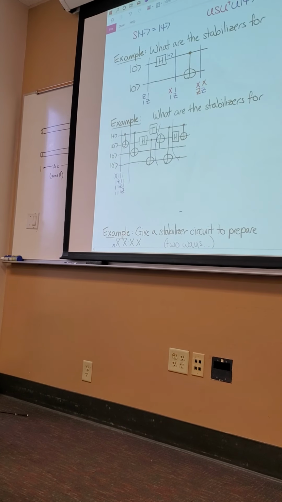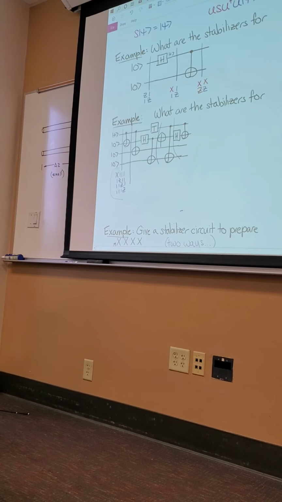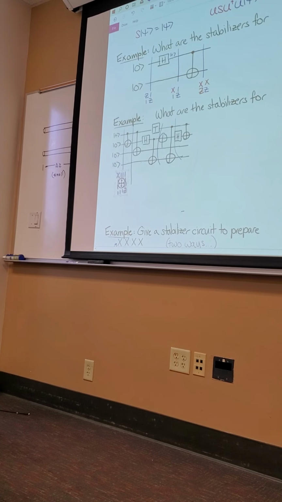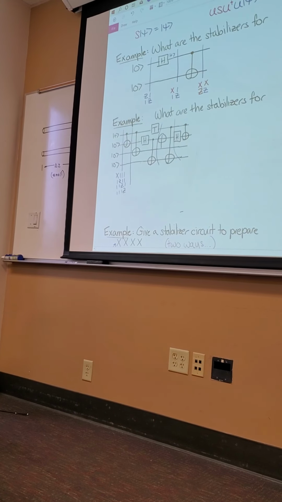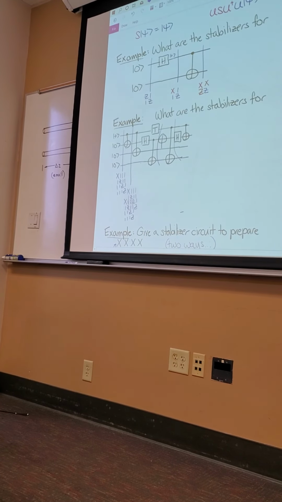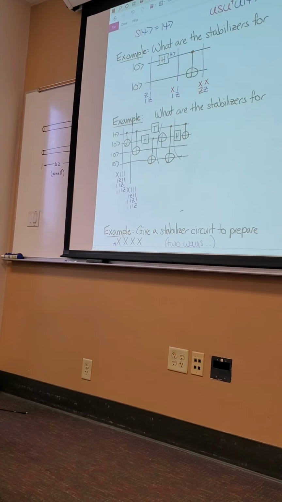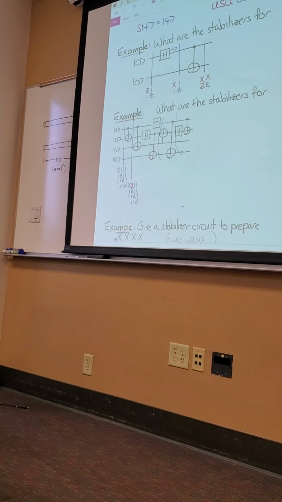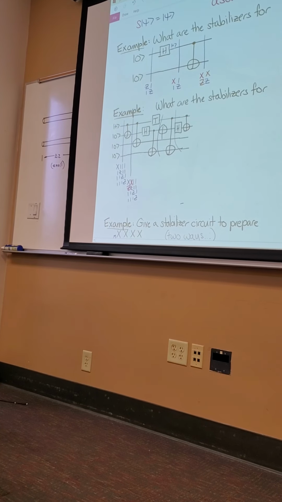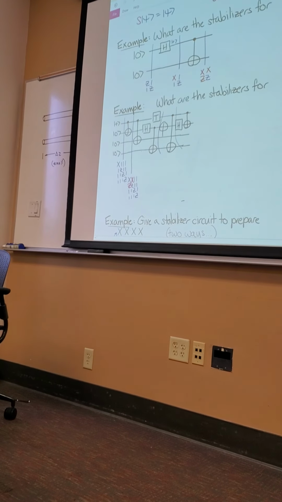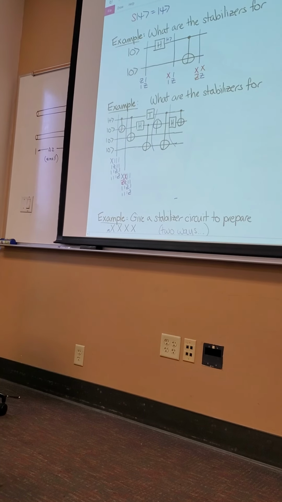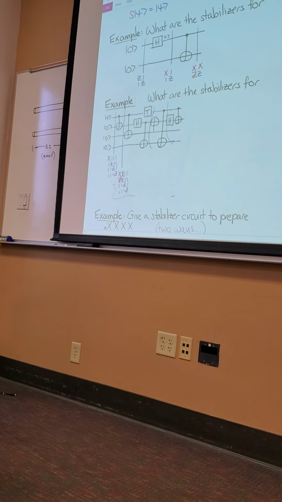Now you do one gate at a time. So copy, paste. So after the first CNOT gate, the X is being copied forward. That Z on qubit 2 is being copied backward, and everything else is left unchanged because they're not involved.